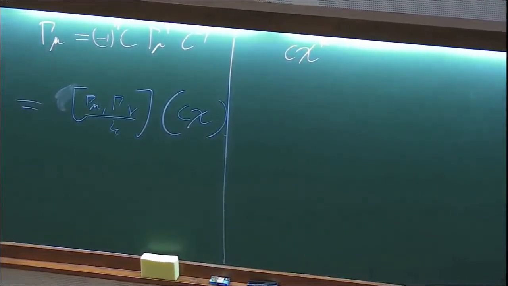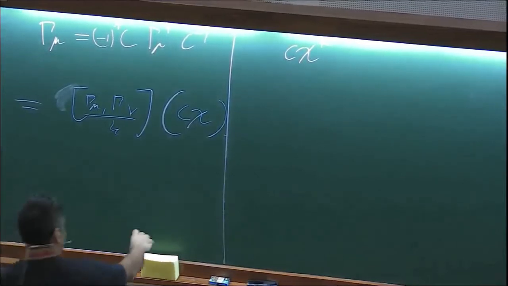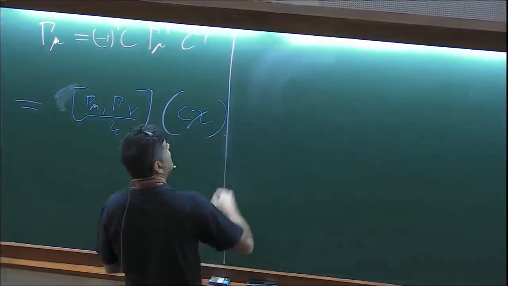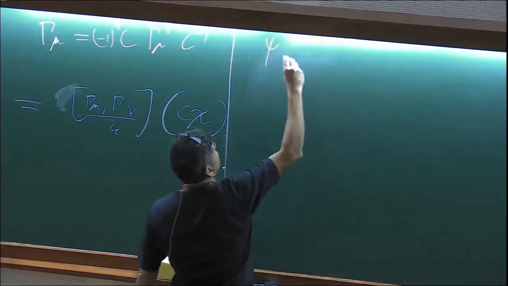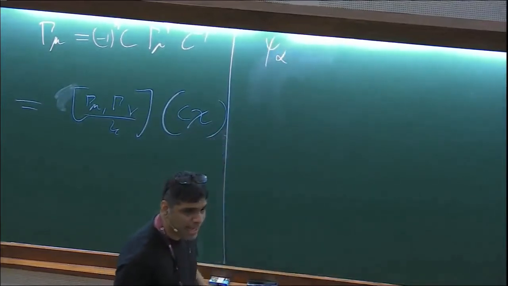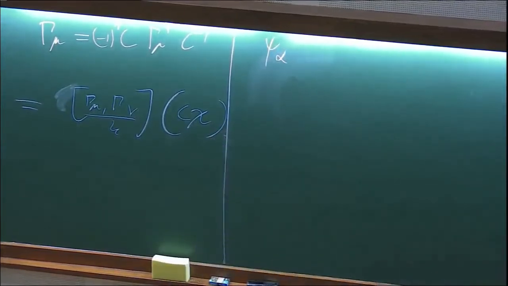It has an upper index. Chi itself has a lower index. Chi itself is an ordinary spinor. Sorry, I maybe should have called it psi. Maybe that was the confusion. So I've got a spinor psi alpha. I take its complex conjugate and multiply by C. I'm going to now show you that that object transforms like an ordinary spinor.